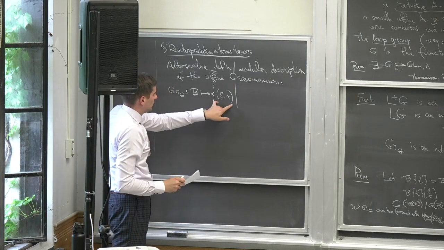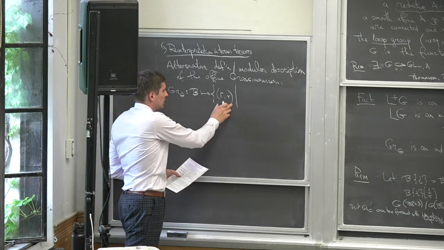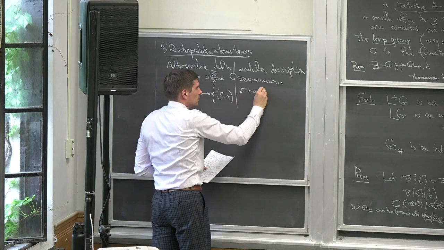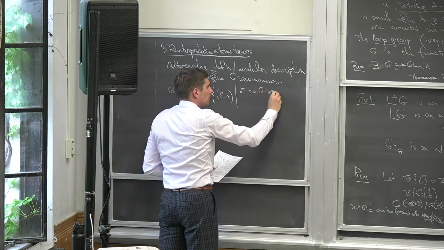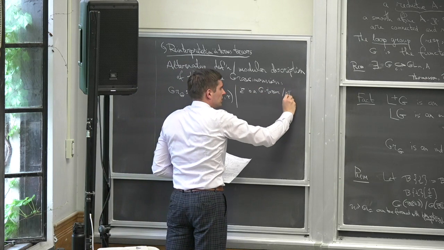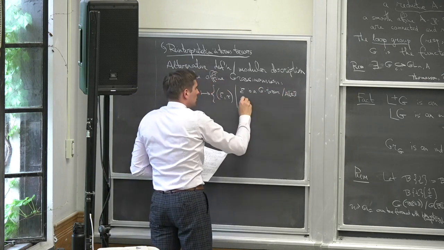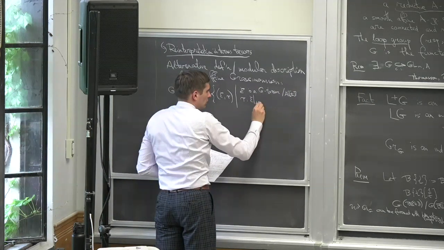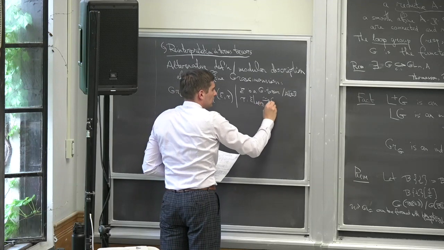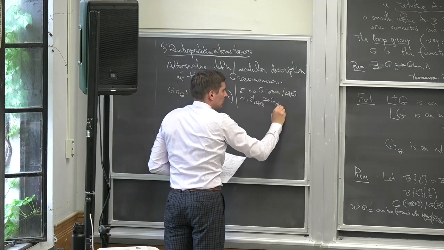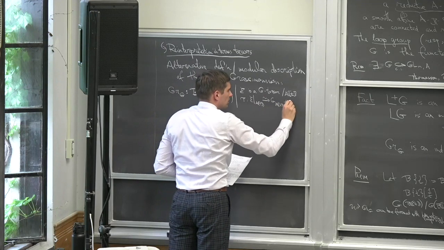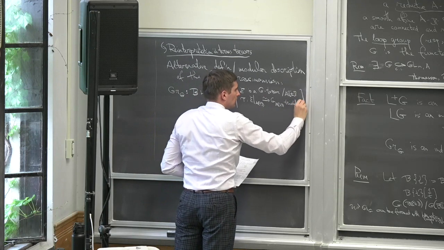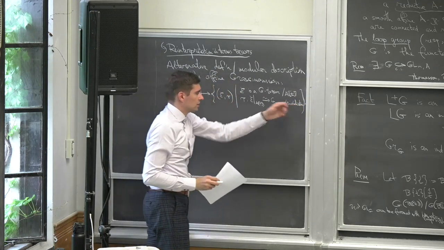But more concretely, it maps to the set of isomorphism classes of pairs (E, tau), where E is a G-torsor over B double square brackets T, and tau is a trivialization of E after inverting T, and all this up to isomorphism.